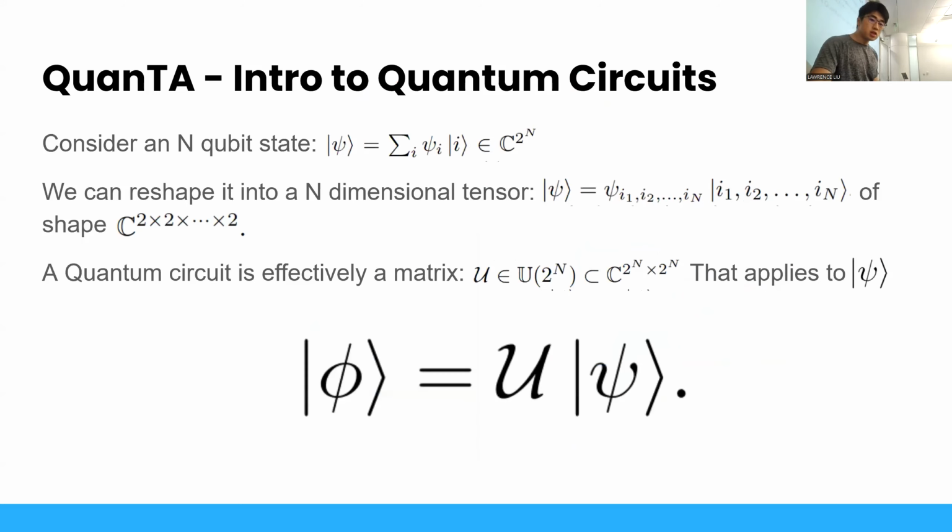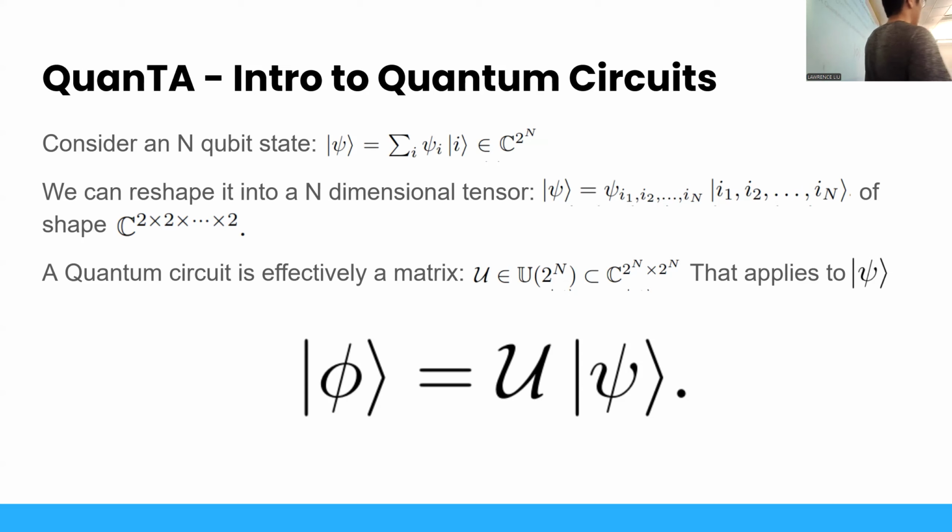Okay, so first a little overview of quantum circuits. In quantum computing, we have this n-qubit state, which we can denote as basically a complex vector of size 2 to the n, where n is the number of qubits.